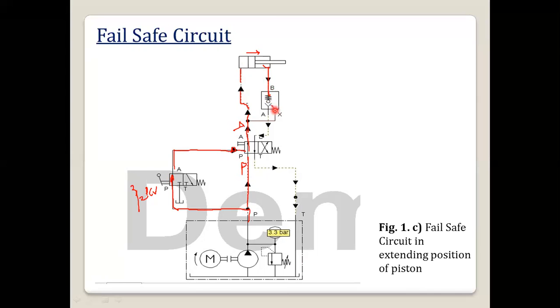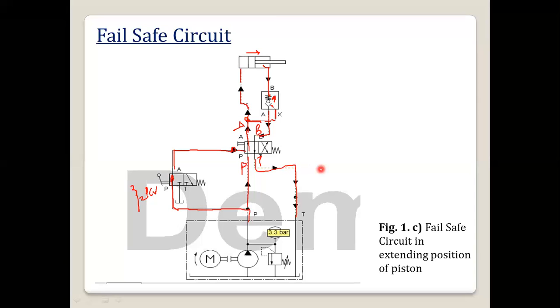The pilot line of the pilot operated check valve acts on the inlet line, so the ball will get open. Then the oil flows to port B, then to port T, and the oil returns to the tank.